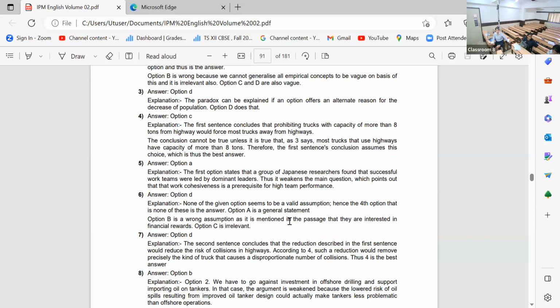A group of Japanese researchers found that the successful work teams were led by dominant figures. Okay, then you see question number 5. Aditya, please read out question number 5.